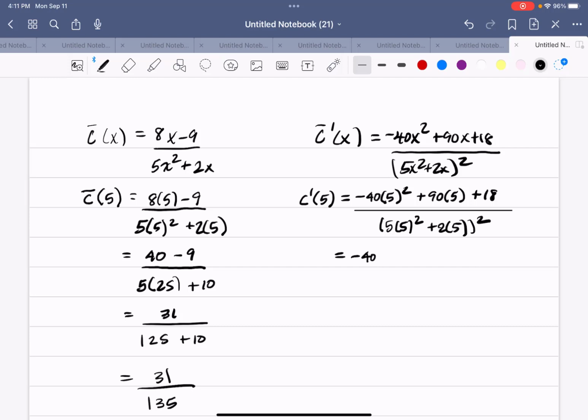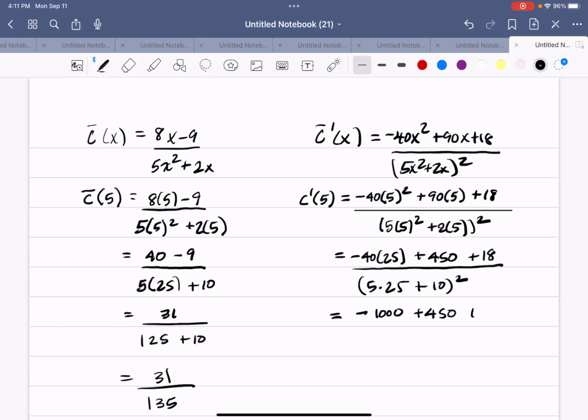Negative 40 times 25 plus 450 plus 18. All of that is over (5 times 25 plus 10) squared. And that's negative 1,000 plus 450 plus 18 over 135 squared this time.